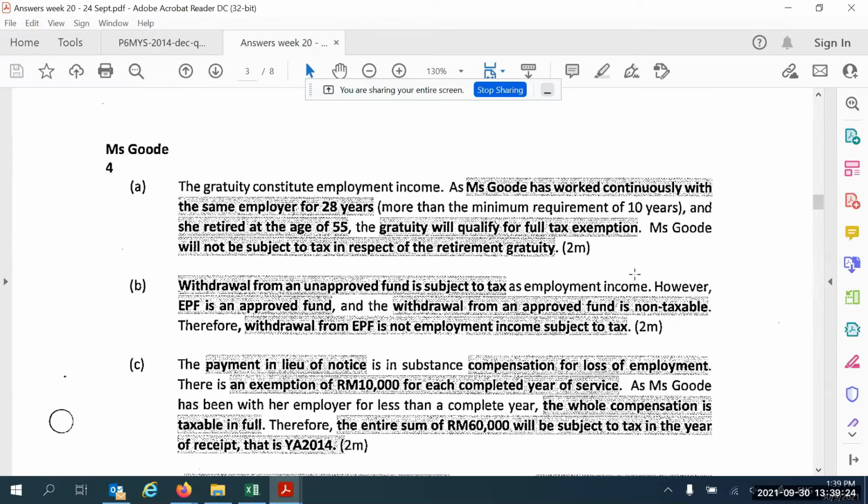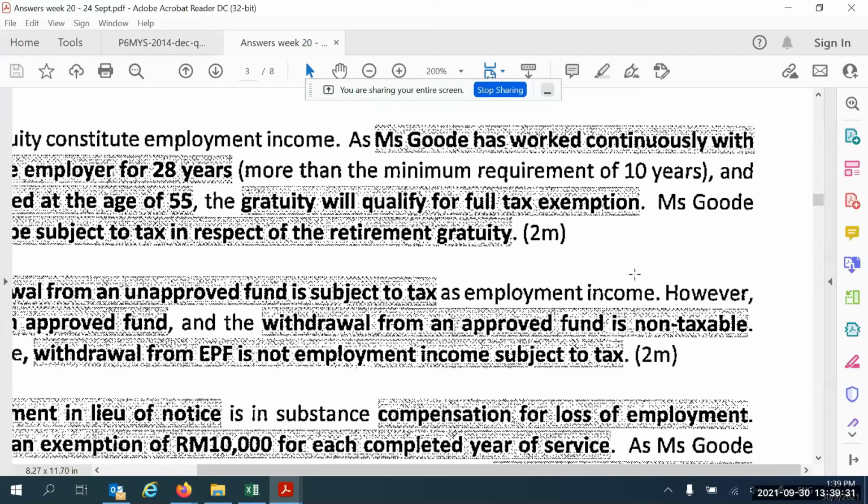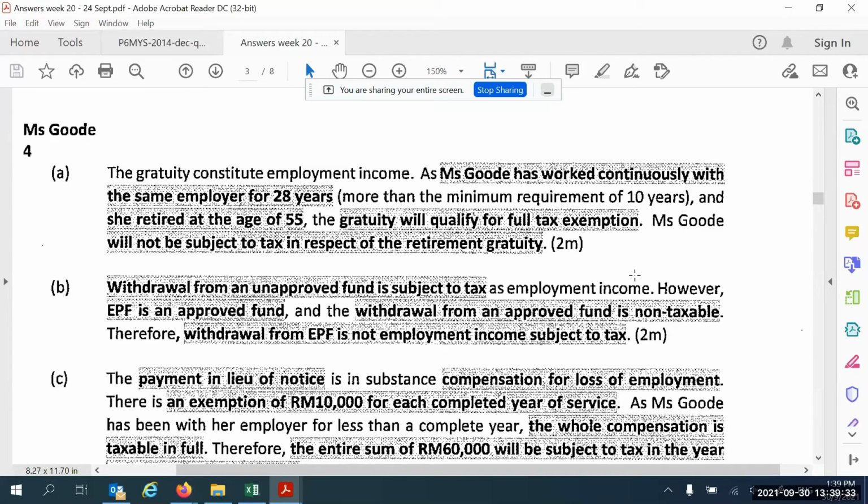What they are trying to tell you is that you have to write a little bit more, but many people will not be comfortable writing like this. Because the first sentence: withdrawal from unapproved fund is subject to tax. So they are linking to section 13(1)(d).